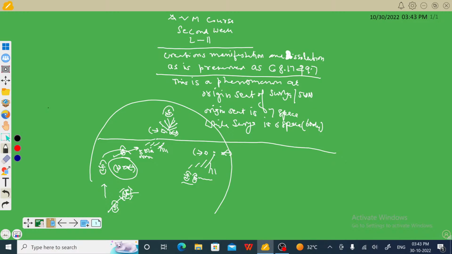Now, let us see how this phenomenon has been expressed as Geeta 9.7. It is preserved that Kalp at its beginning, Adi, and Kalp at its Khe, Ant, dissolution.